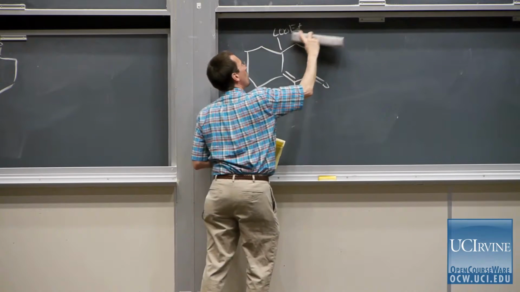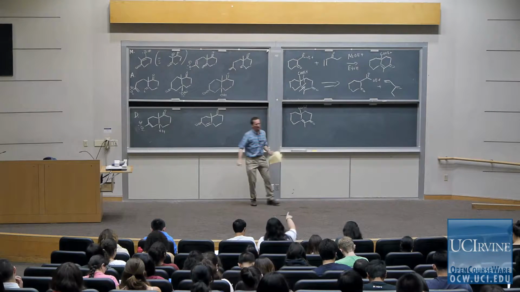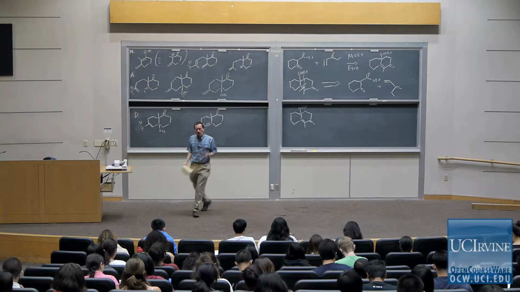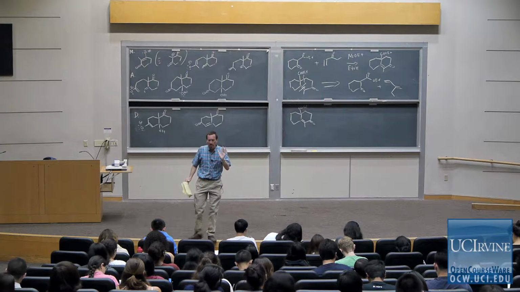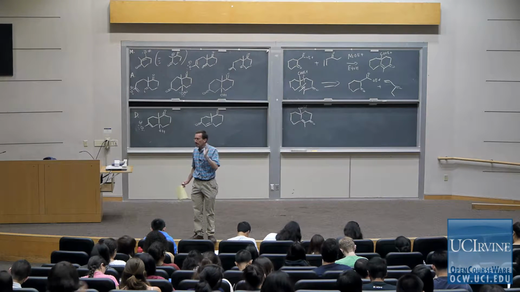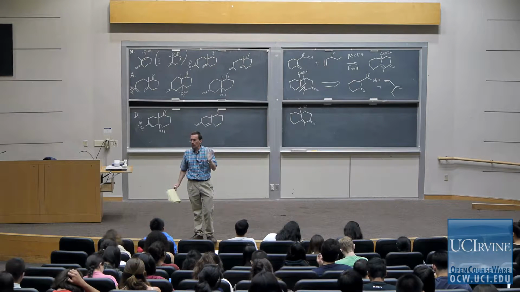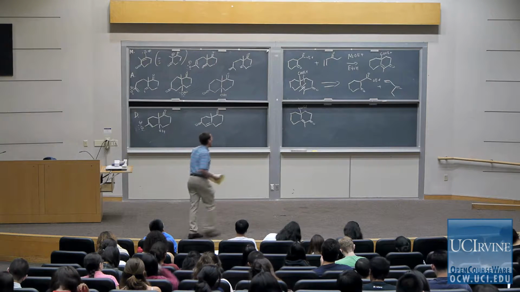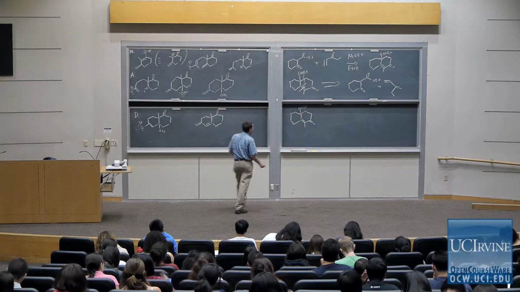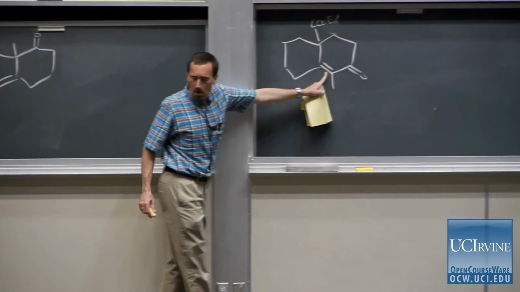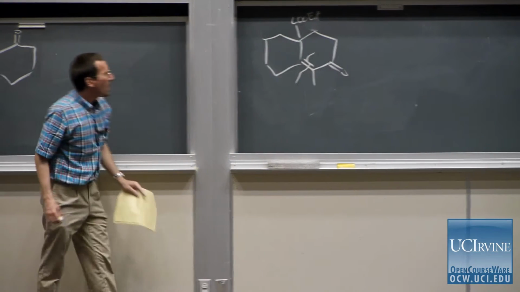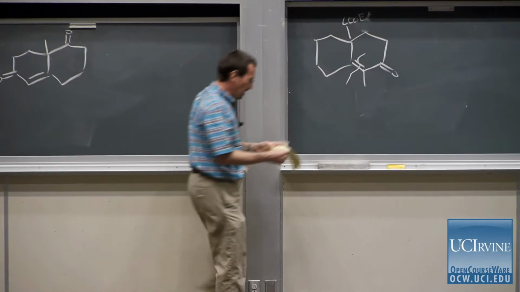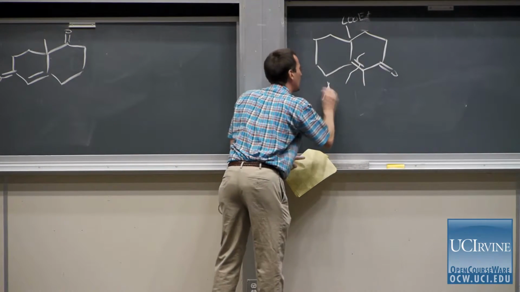All right, so breaking this apart in two smaller bite-sized pieces. We've seen that alpha-beta unsaturated carbonyl compounds can come from an aldol reaction and a dehydration. So I can look at this enone, I can look at this alpha-beta unsaturated ketone and say, this part of the chemistry has to come together.